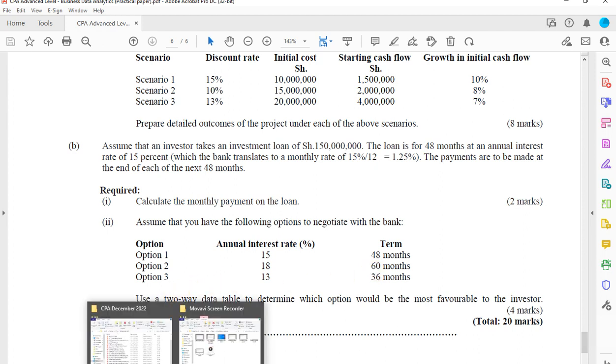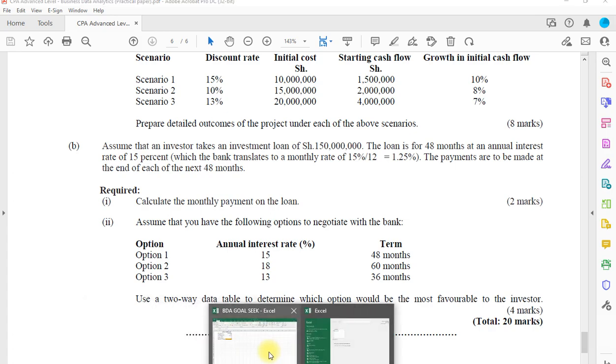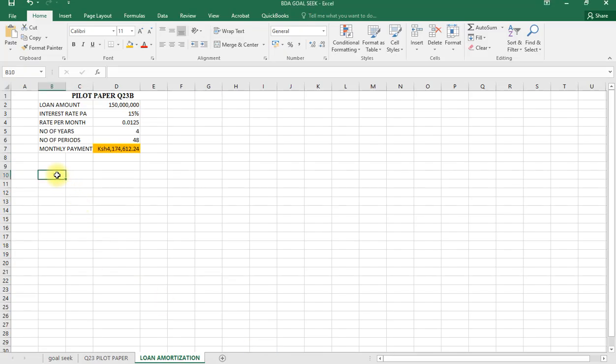We go back to our Excel worksheet, and this is Roman 2, two-way data table. That's what they need us to find, the two-way data table.